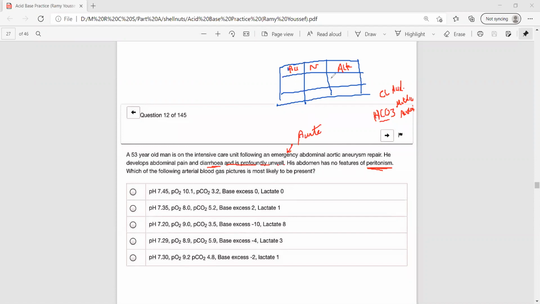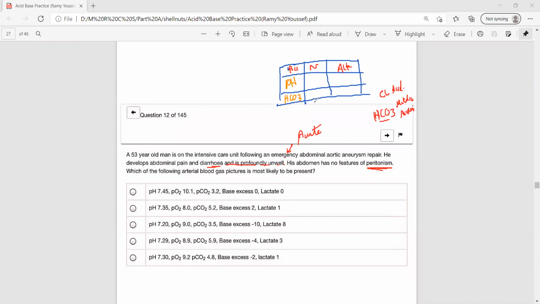So severe diarrhea, abdominal pain, profoundly unwell. So this patient, I can expect the pH will be acidotic. And I expect the bicarb will be acidotic as well. And CO2, what do you expect the CO2?